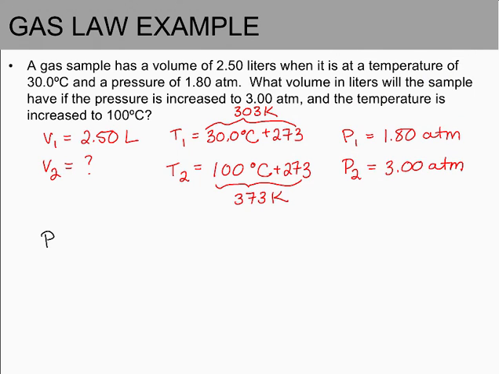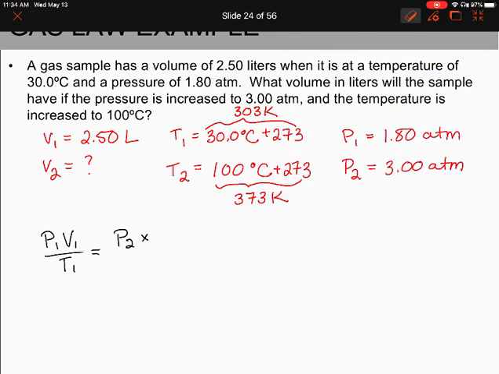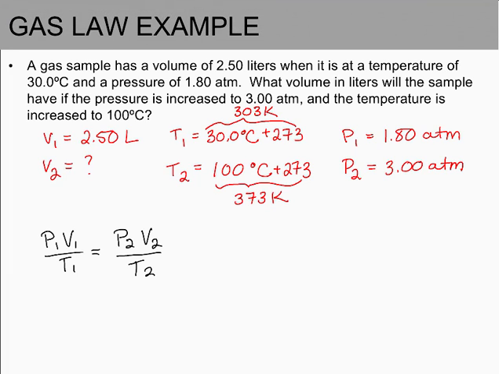So remember, P1 times V1 over T1 is equal to P2 times V2 over T2. I'll leave out the X there. I don't want to confuse you. All right, so we're trying to solve for V2.